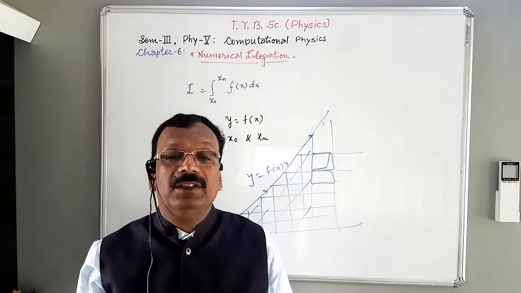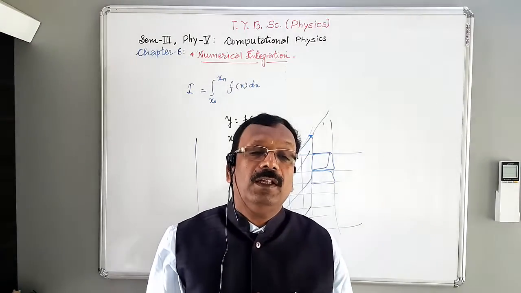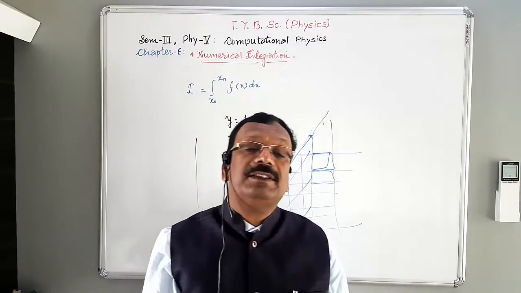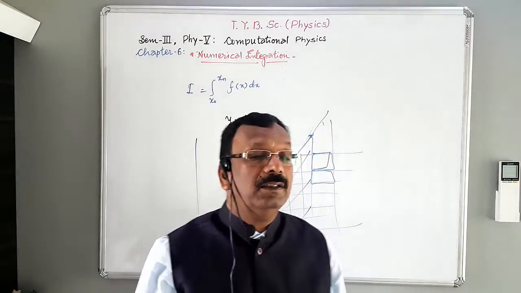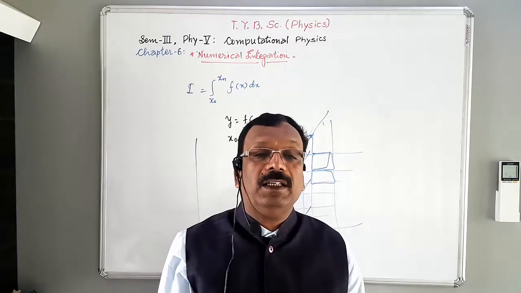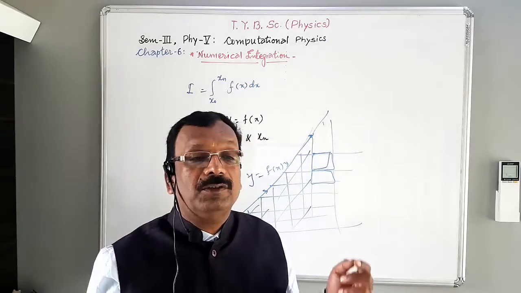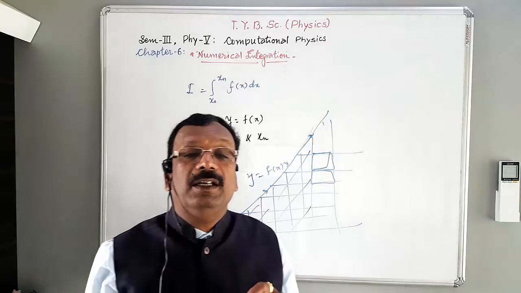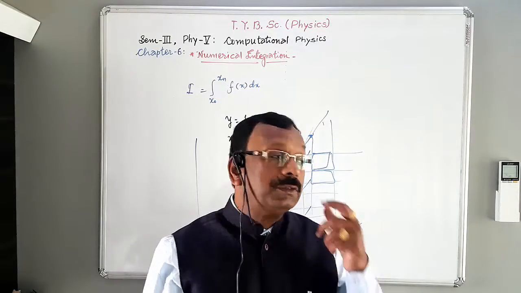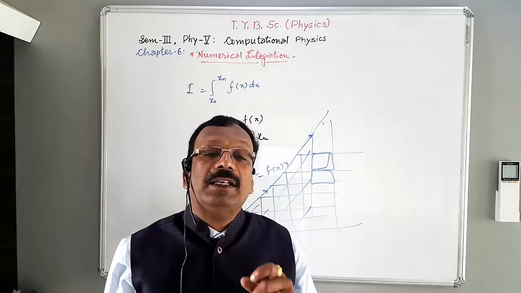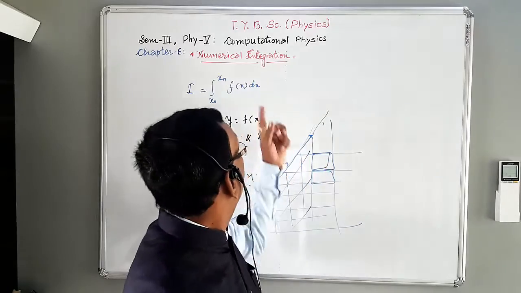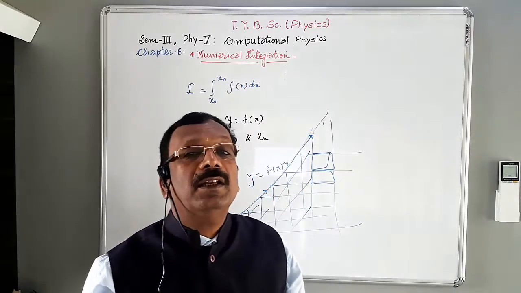It is also a time consuming and cumbersome process. So the better alternative is to use a technique that uses simple arithmetic for calculation using a computer, and this approach is called numerical integration or numerical quadrature.